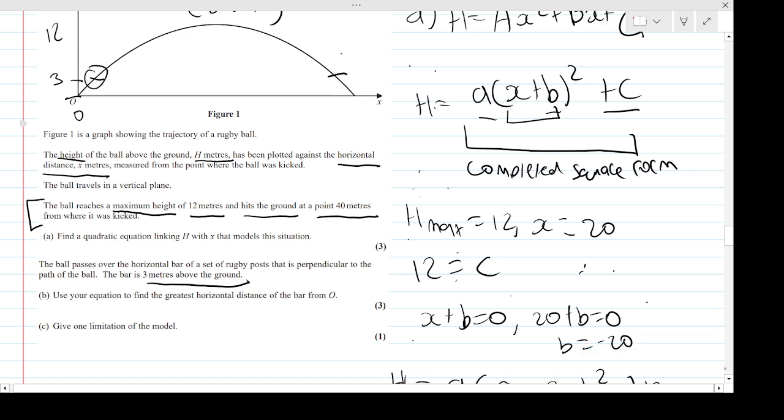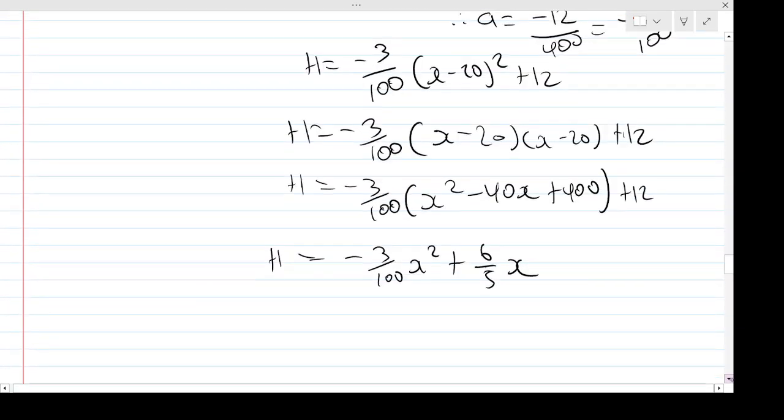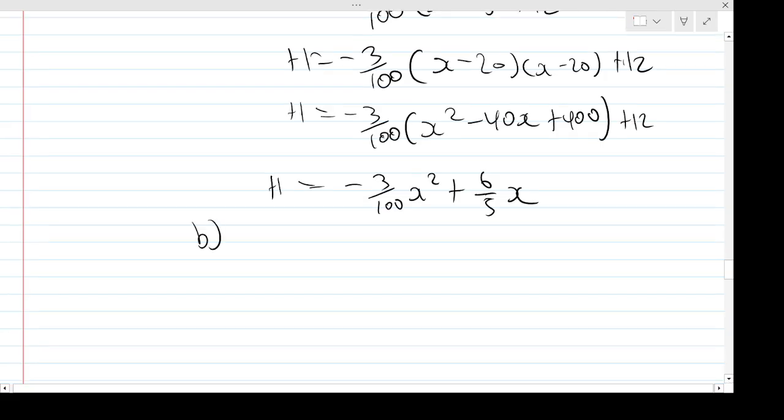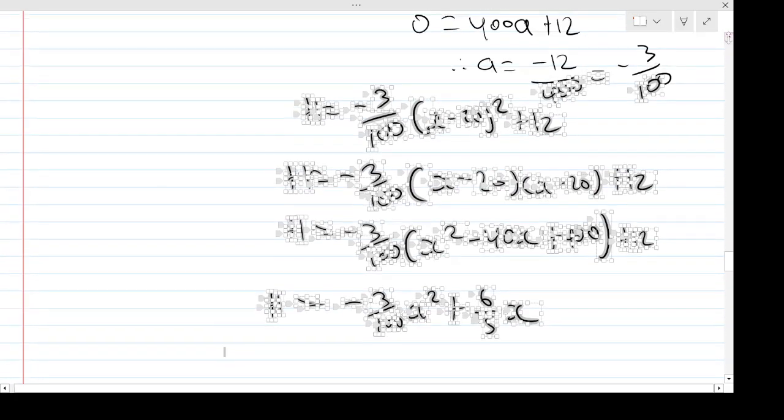So h is 3 on this axis here. To work that out, we're going to set h is 3. That's what this means. So if we set h is 3, that's part B. Where actually, I'm going to do that up here. Let's do it here to make room.